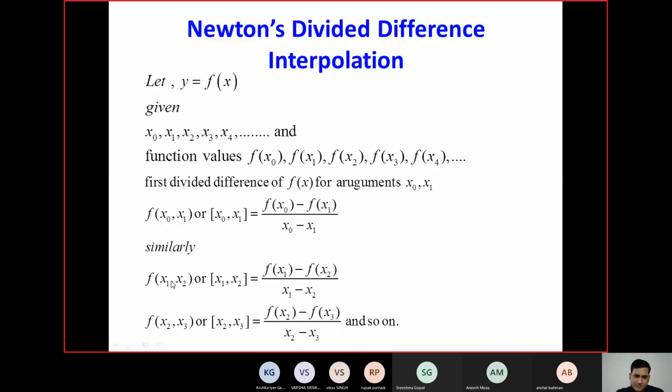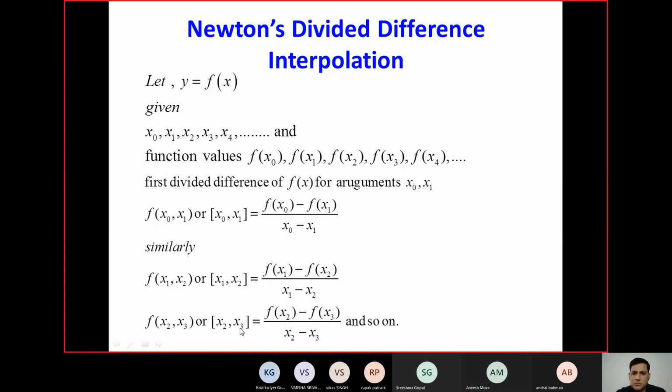Either you can write f bracket x1, x2, or it in square brackets x1 comma x2. This is also known as the first divided difference of arguments x1, x2. x1, x2 are called the arguments, the 2 points where you are calculating your divided difference. That way you calculate the second one, then from the second and third point, and you keep on continuing for all data points.